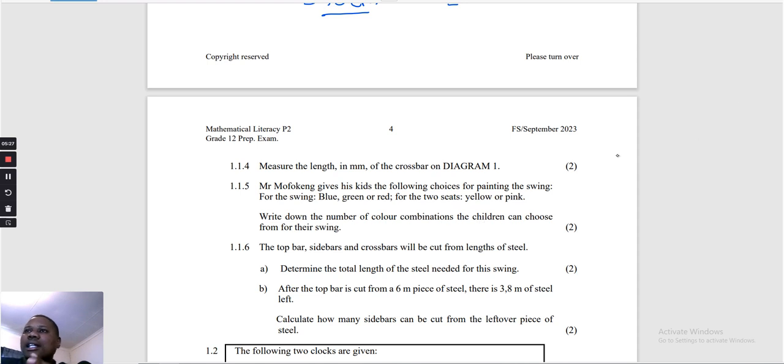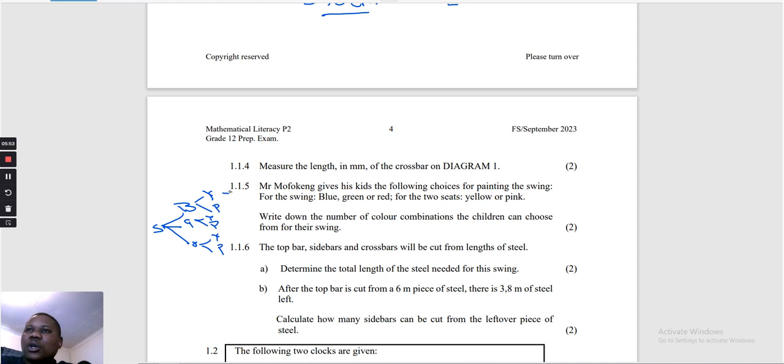Remember there is the swing there, so we're going to have three colors, which is blue, green, red. But if you choose blue, you have the choice of the seat. The seat can be yellow or pink. Same here, yellow or pink. Same with red, yellow or pink.